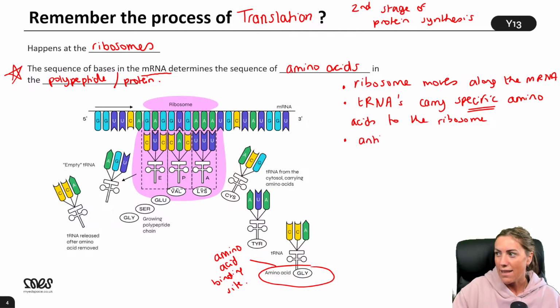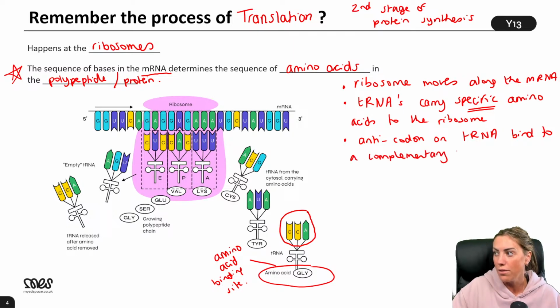And then the anticodon, which is the exposed 3 bases, which you can see here, for example. The anticodon on the tRNA will bind to a complementary codon on the mRNA.